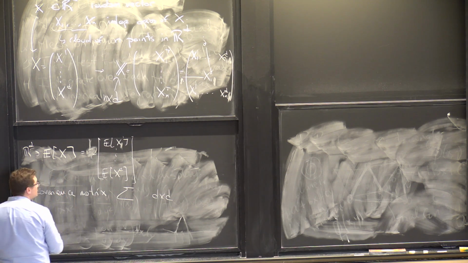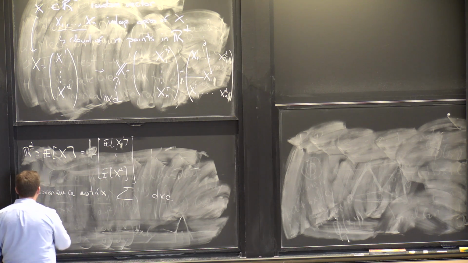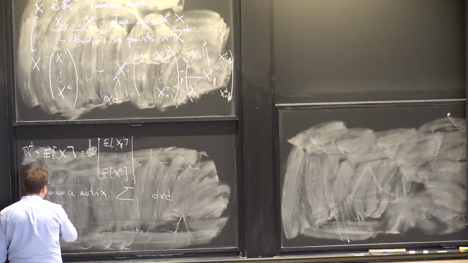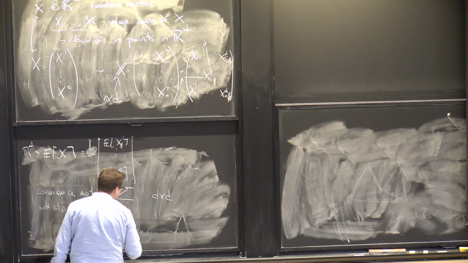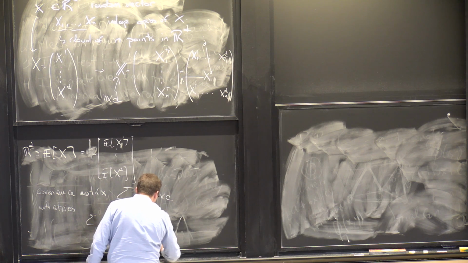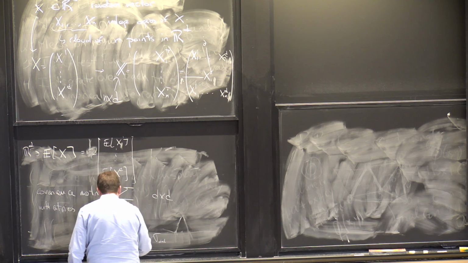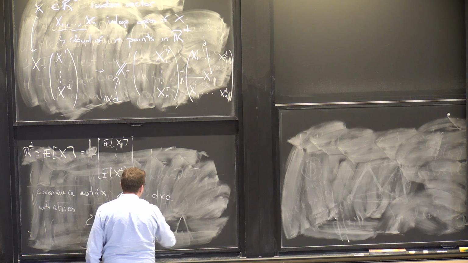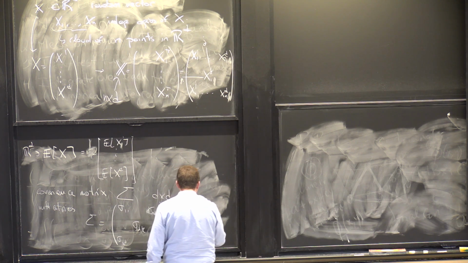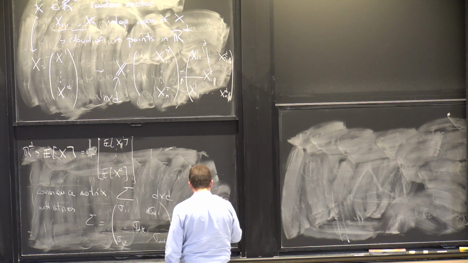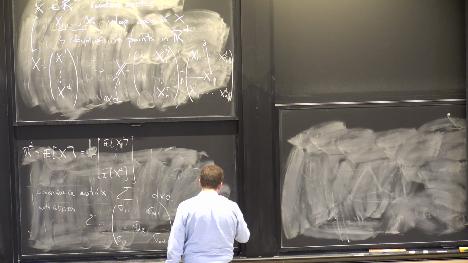So I have sigma, which is sigma 1,1, sigma 1D, sigma D1, sigma DD. And here I have sigma jk. And sigma jk is just the covariance between xj, the jth coordinate, and the kth coordinate.